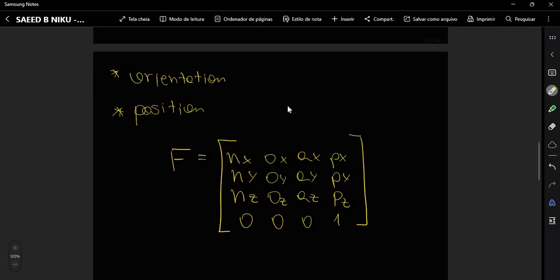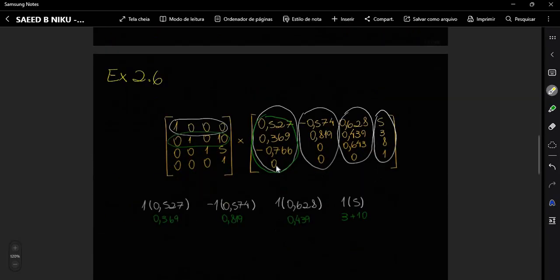It is kind of an introduction, so we can start talking about the type of transformation that we can apply on the rigid body. And that's it.